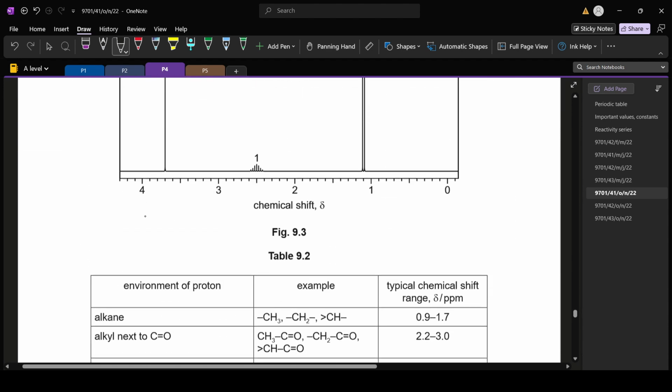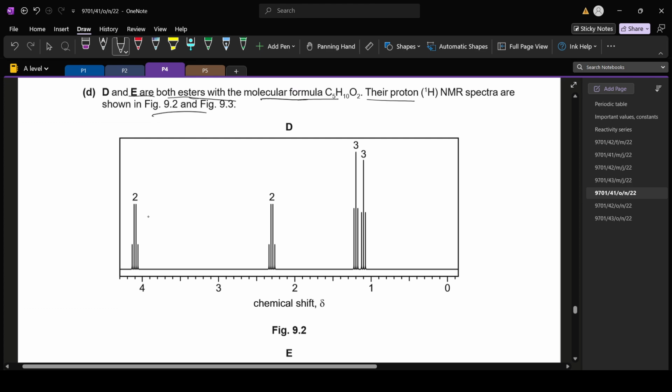So let's first analyze D. By the way, these numbers show you the number of hydrogens which are responsible for these peaks.